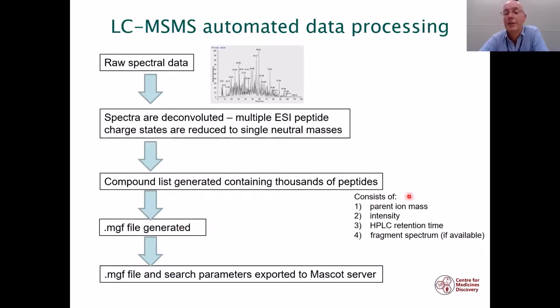It's basically a compressed file format, and it consists of the parent ion mass, the intensity, the HPLC retention time for that species, and the fragment spectrum, if indeed that peptide was actually fragmented. And then finally, this Mgf file and whatever search parameters you've chosen are exported to the Mascot server.